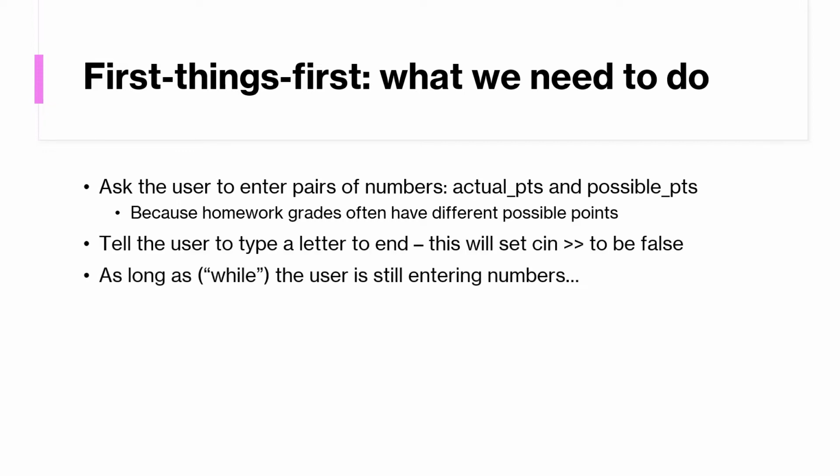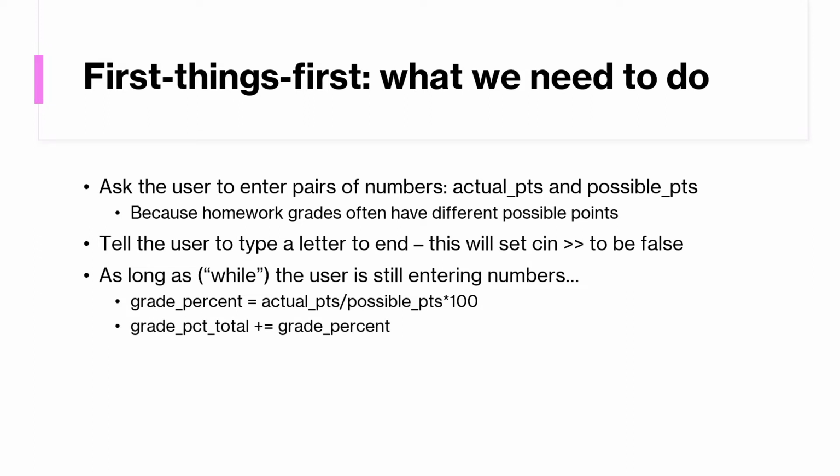We're going to tell the user to type a letter to end the input. This will set our cin operator, cin followed by the input operator, to be false, and that will kick us out of the while loop. And then as long as, or in computer speak, while the user is still entering numbers, we're going to figure out grade percent is actual points over possible points times 100.